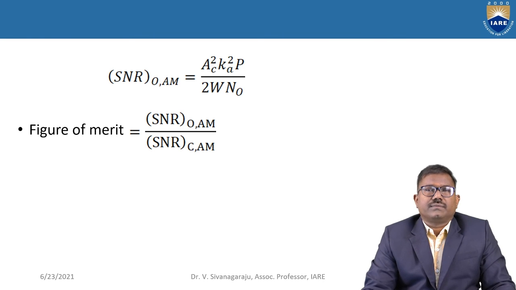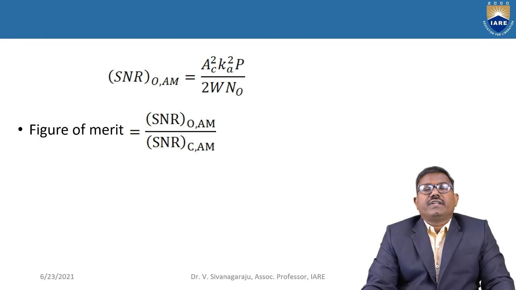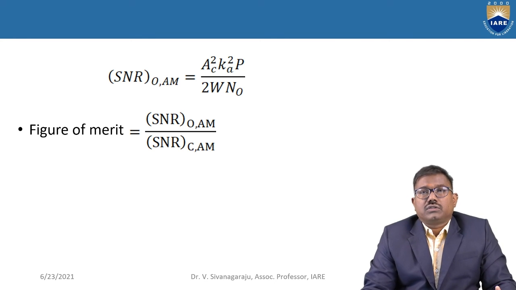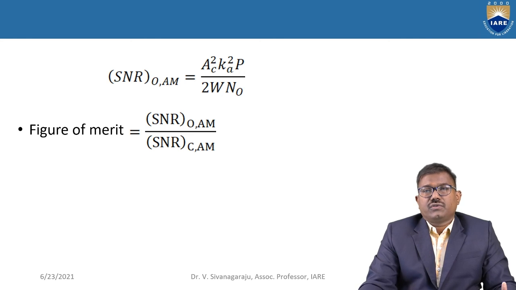So finally, the figure of merit is equal to the signal to noise ratio at the output in AM system to the signal to noise ratio in the channel in AM. So we are going to find SNR O, that is output, and SNR C, in channel. So we are going to substitute those two.